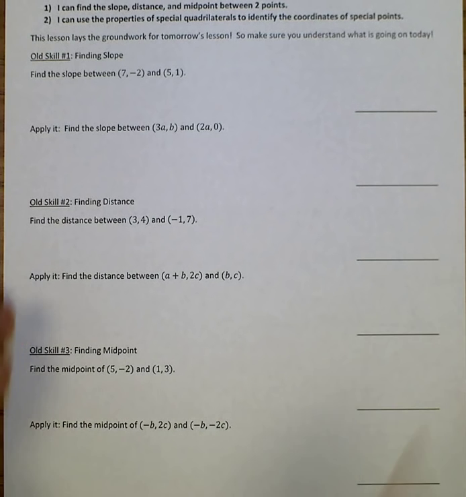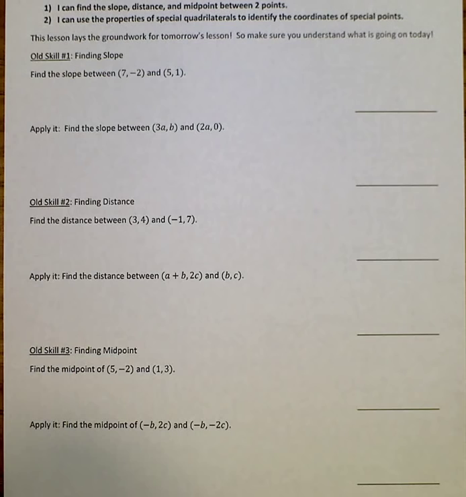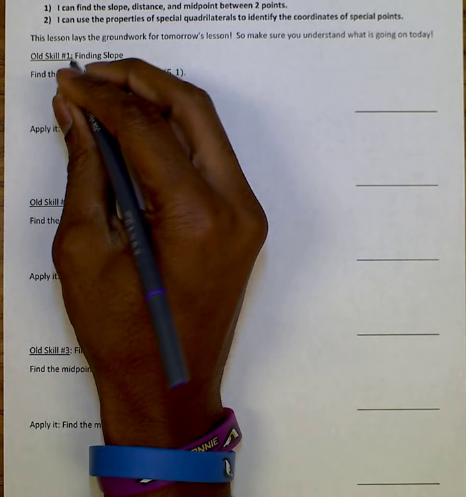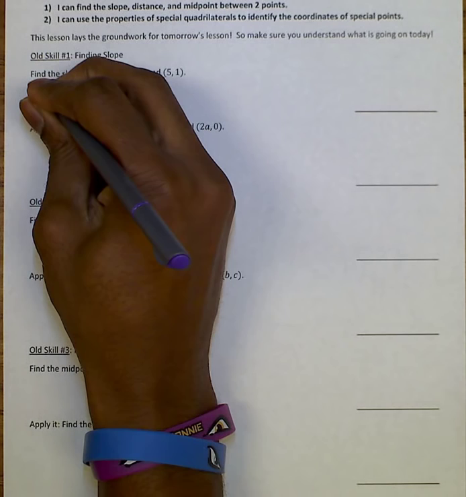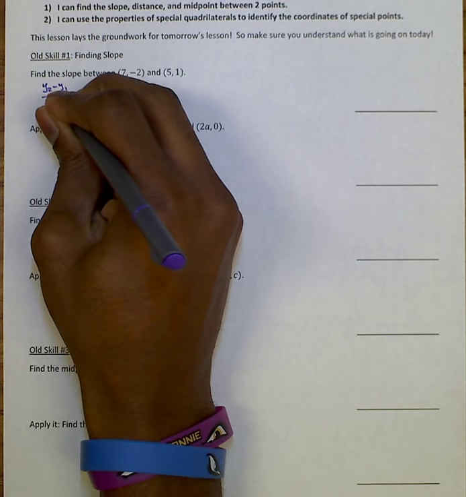All right, so old skill, finding slope. I felt like that's all we did last year in algebra. Remember that the formula for finding slope is basically the difference of the y's over the difference of the x's, or y2 minus y1 over x2 minus x1, rise over run.